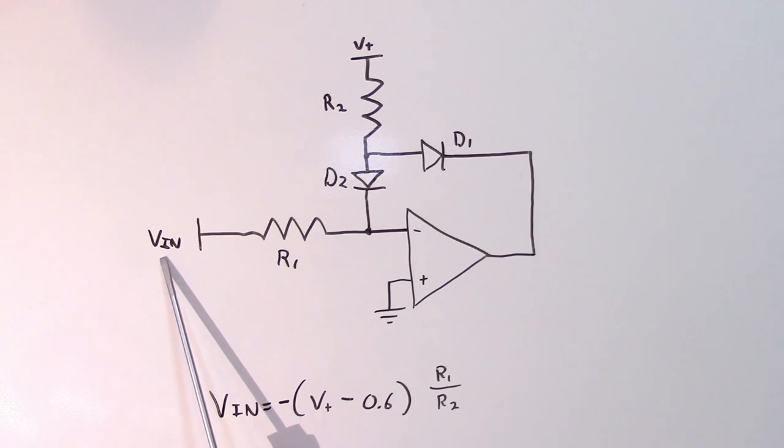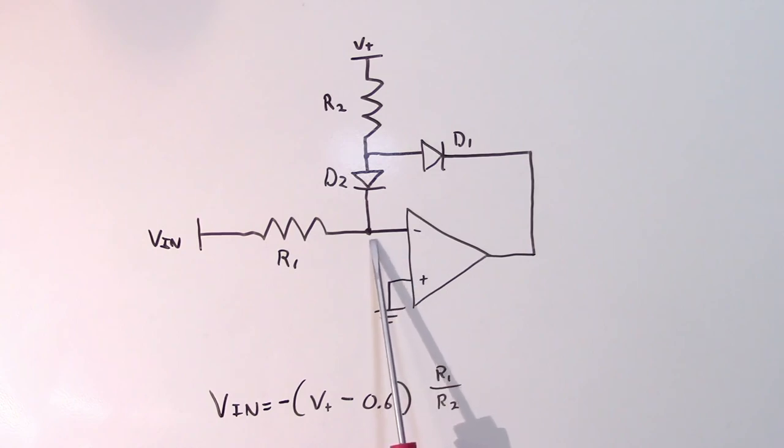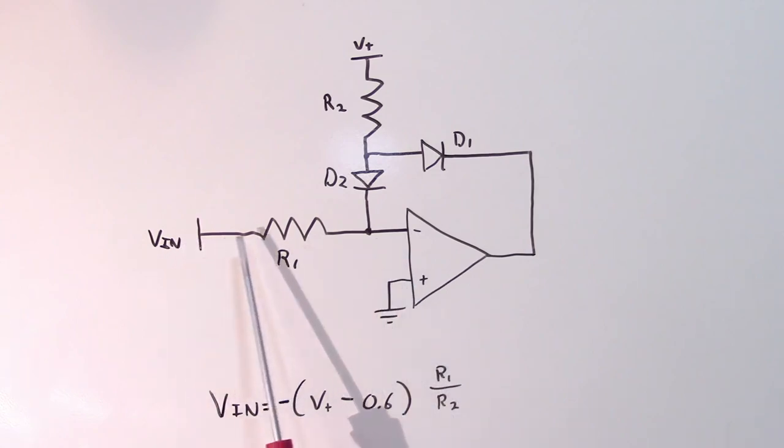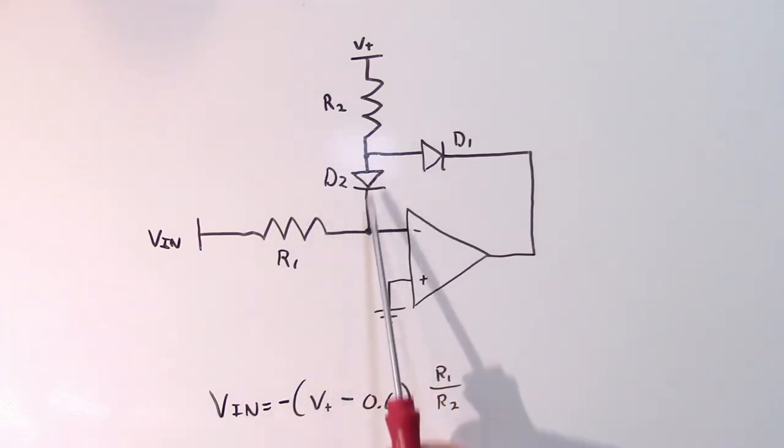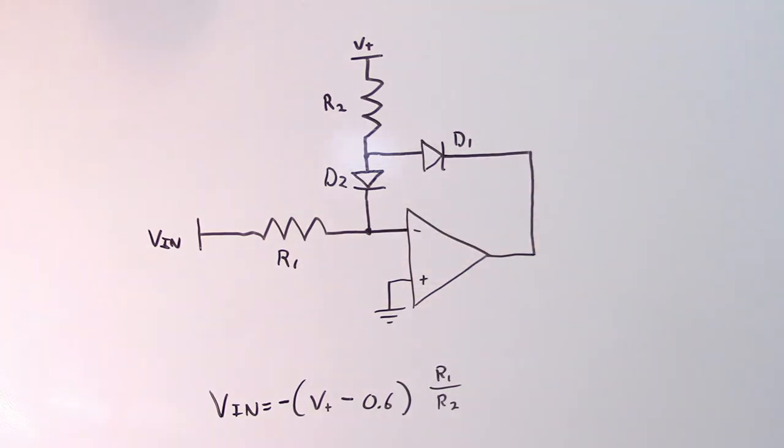But once Vin becomes even slightly positive, this point is a positive voltage, this point is 0 volts, and so we're going to have some current flowing this direction. Now that current can't go up through diode D2 because D2 only allows current to flow in this direction, so it's going to have to go into the high input impedance of the op amp, and a very small current going into a large resistance can start to develop a very noticeable positive voltage here.